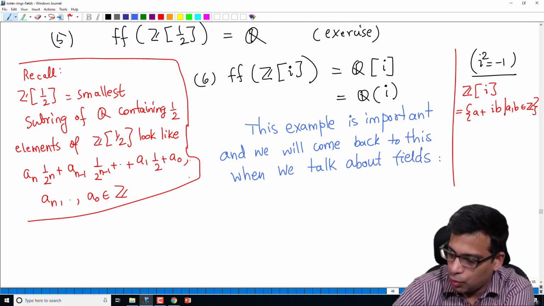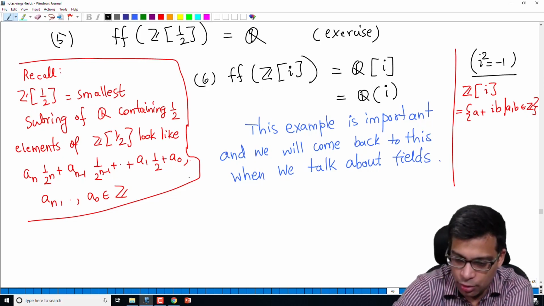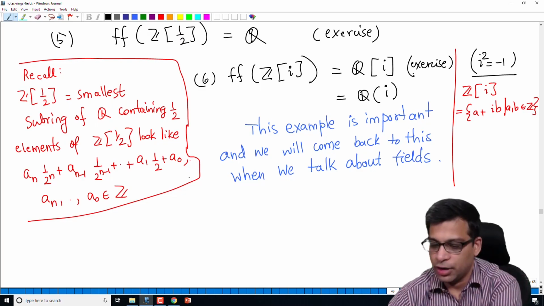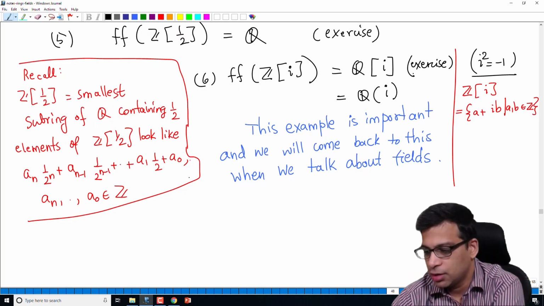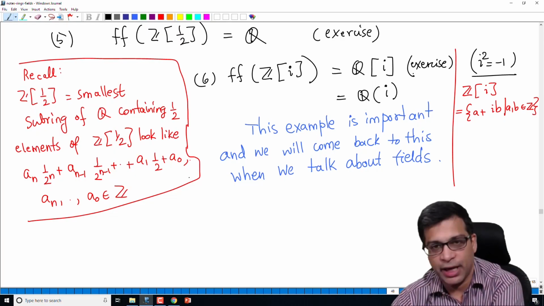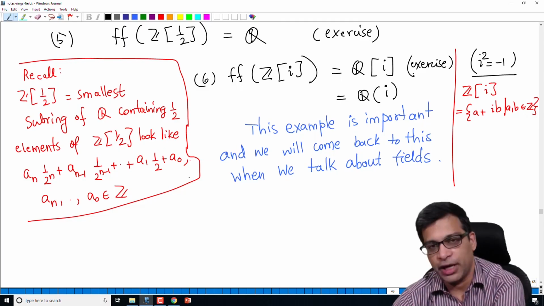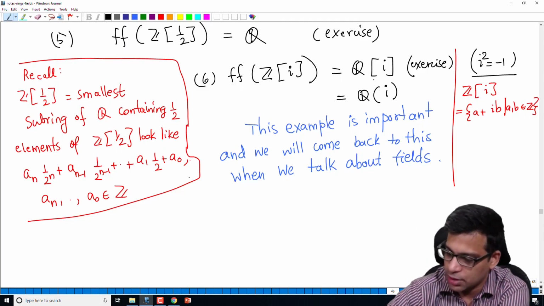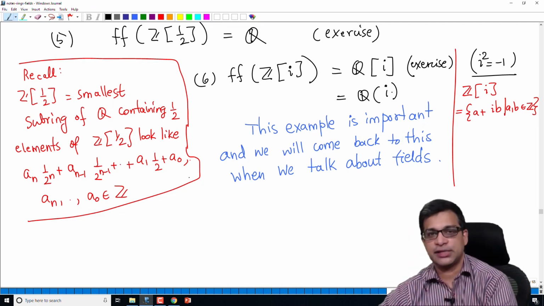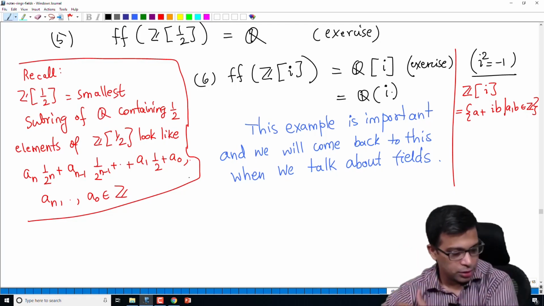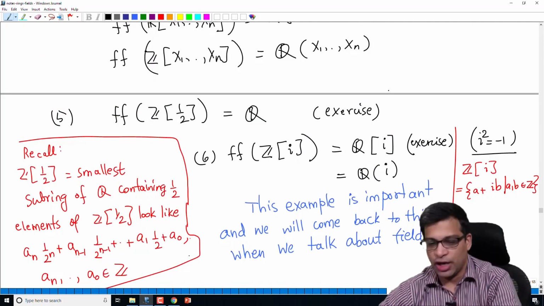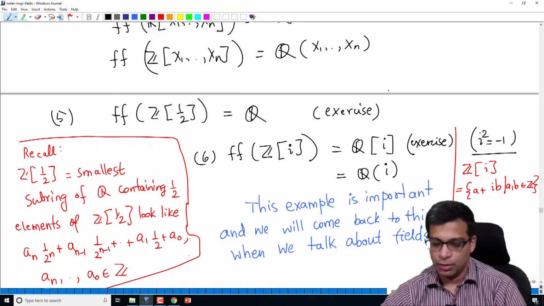For now I will leave it as an exercise for you to convince yourself that the field of fractions of Z[i] is Q(i), and once you add i, I claim that 1/i is already there, and 1/i squared is already there, and so on. That allows you to explain why Q[i] is the same as Q(i). But this is looking ahead. It's not that important. If you don't understand this at this point, it's okay, and we will come back to this. So that's all I want to say for now about field of fractions.